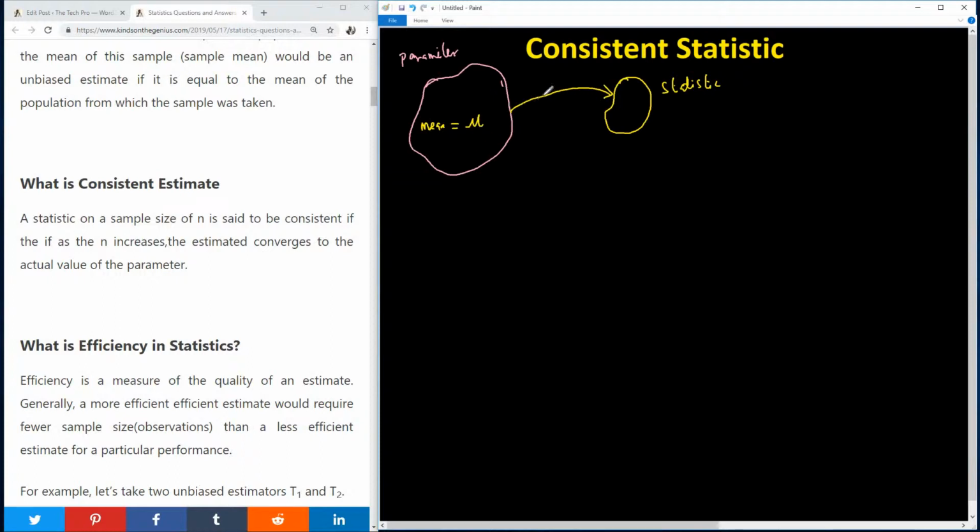And we are hoping that the mean we calculated from this sample will be equal to the mean of the population. Now, if we calculate a mean from this sample, we'll have this, the mean of the sample. So is this mean equal to this one? That is the problem.